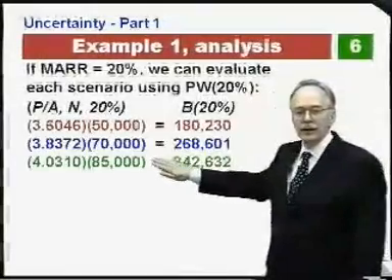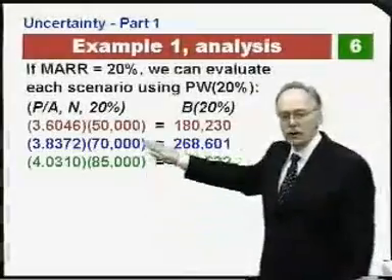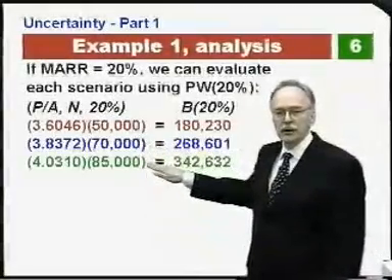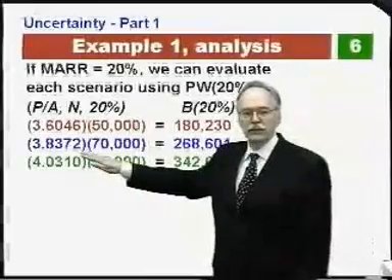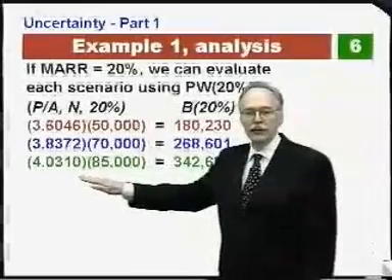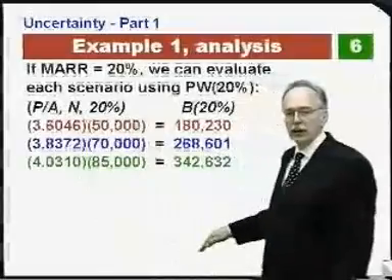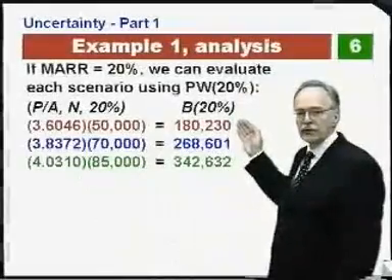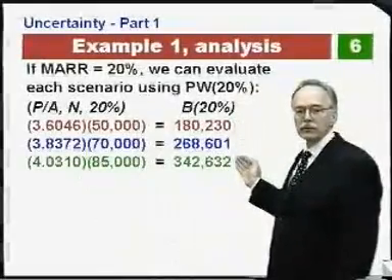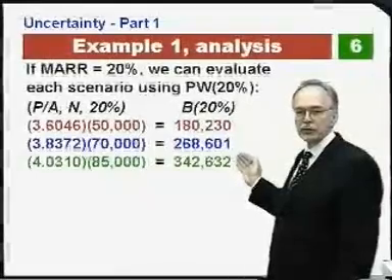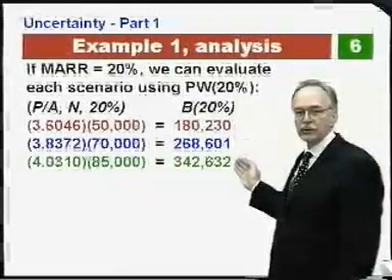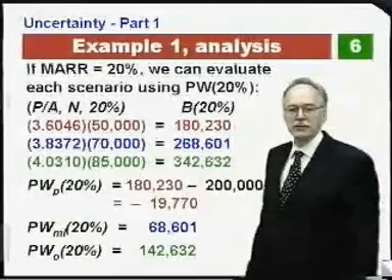Do the same thing for the most likely and optimistic. What's changing here are the annual inflow values and the lifetimes. 8 years for most likely, 9 years for optimistic. So then we have the present worth of the cash inflows for each of the 3 scenarios. And then, of course, we would simply subtract the present worth of the investment. That's $200,000 in each case.